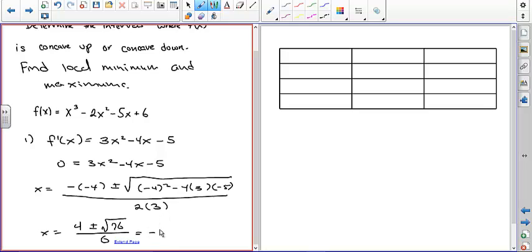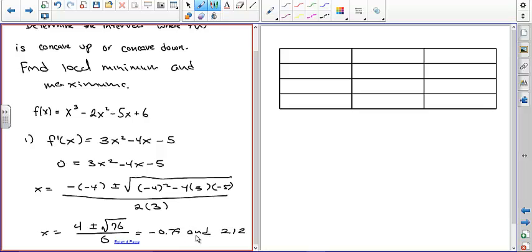So we have one critical number, negative 0.79, and the second one at 2.12. Okay, so those are our critical numbers.